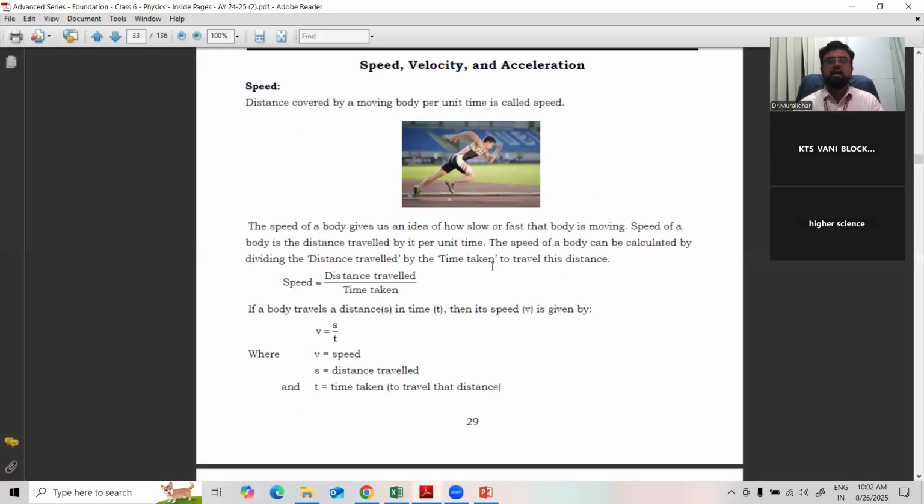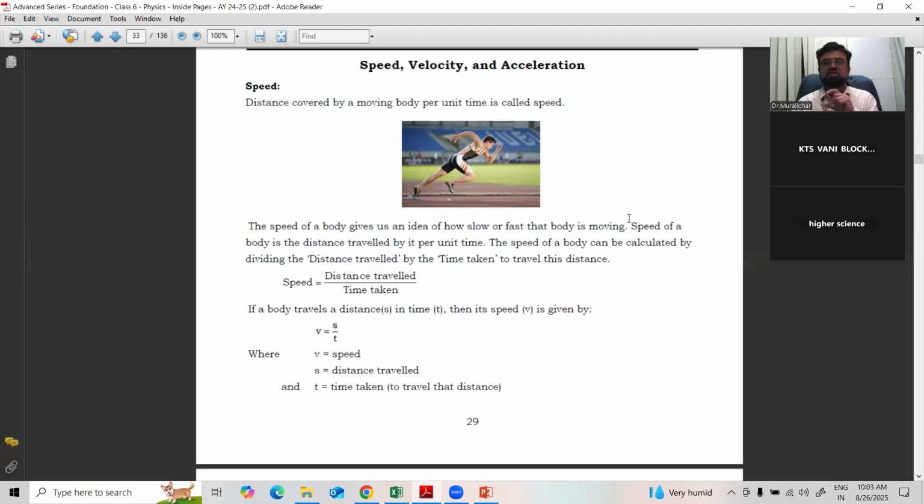We hear speed and velocity, which are twin terms that sound the same, but there is a difference between them. Speed is nothing but distance by time, the rate of distance traveled, meaning distance traveled in a given time.